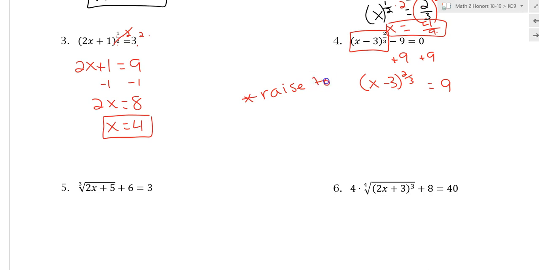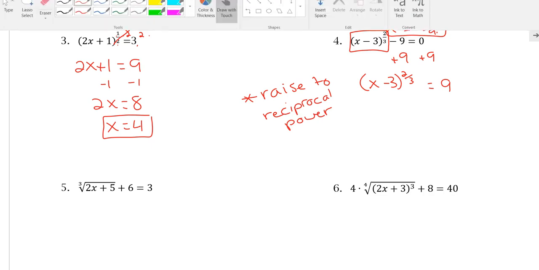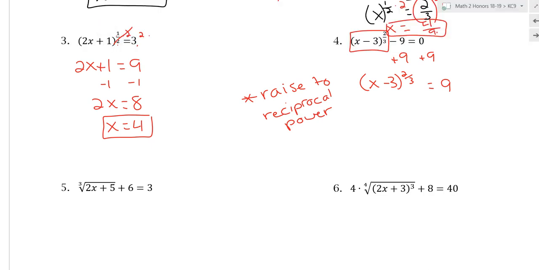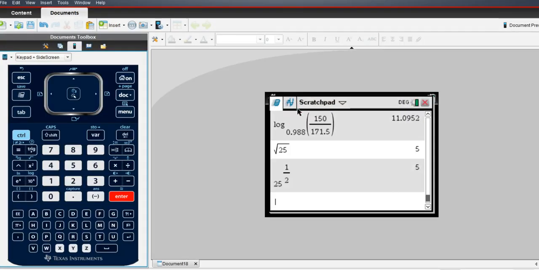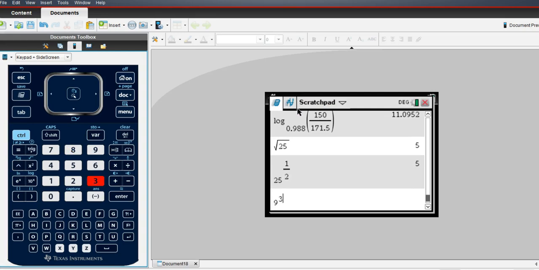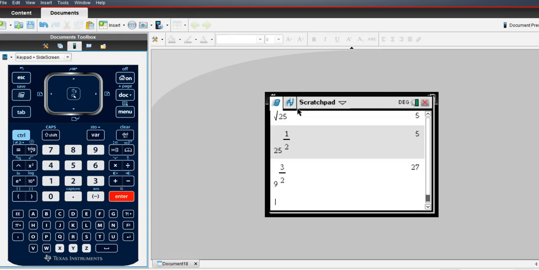So we raise it to the reciprocal power. Right, because that's what's going to cancel it out. So 1/2, right, the reciprocal of 1/2 is 2. Here, the reciprocal of 2/3 is 3/2. So that's the power we're going to raise it to, because these cancel each other out. And that's how you end up with x minus 3 equals whatever 9 to the 3/2 is. We can always use our calculator. And 27.